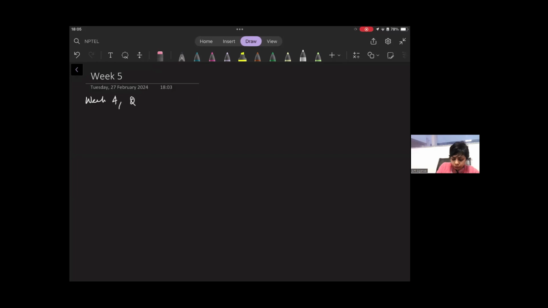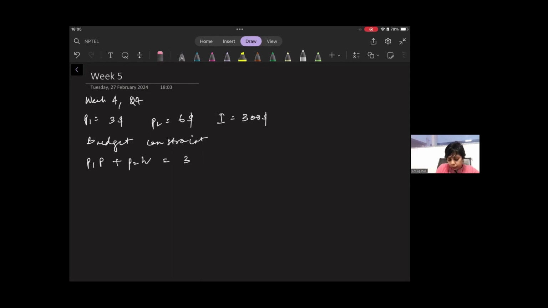Week 4, question 4. We are given P1 is equal to $3, and P2 is equal to $6, and income is equal to $300. So the budget constraint is nothing but P1 times the first good, pineapple, plus P2 times the second good, honey, is equal to 300.